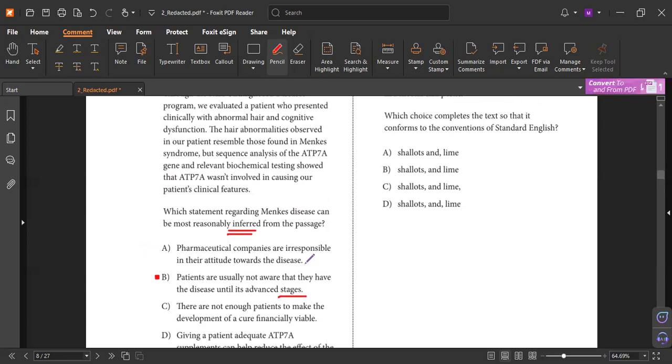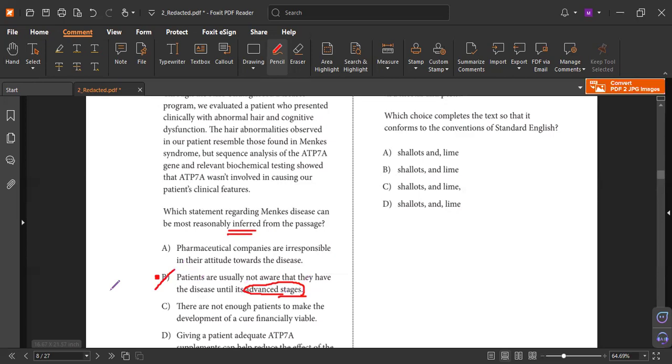We have details about stages. That means the test maker added details related to the topic in general, but not in this paragraph. Feel it? That means all the answers seem correct, but this is what is not mentioned. So A, no.